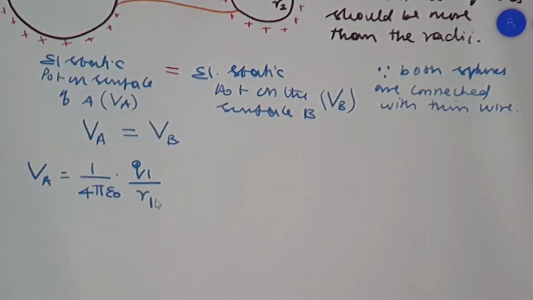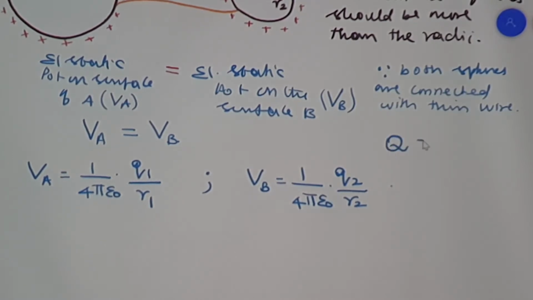Similarly, the potential on the surface of sphere B is VB equal to 1 divided by 4 pi epsilon 0 into Q2 divided by R2. Now, the total charge Q given to the system is separated into Q1 and Q2, so Q is equal to Q1 plus Q2.